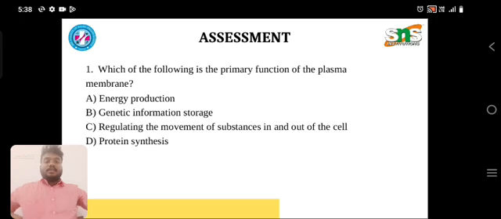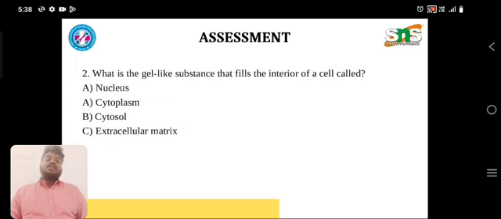Let us think and check whether we are able to answer these questions or not. Which of the following is the primary function of the plasma membrane? Genetic information storage. What is the gel-like substance that fills the interior of a cell called?